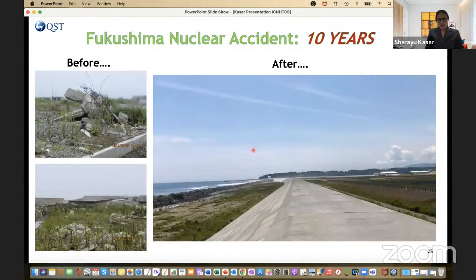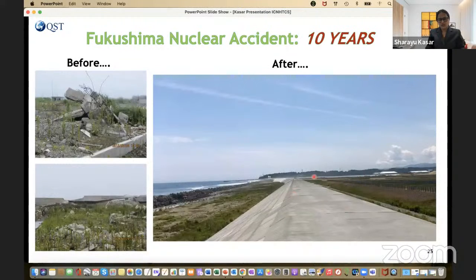I would like to show some photographs from before 10 years, when the Fukushima nuclear accident happened. So at that time, the wall, which protects from seashore activities, was broken and damaged, and that's why water entered into the local residential area.